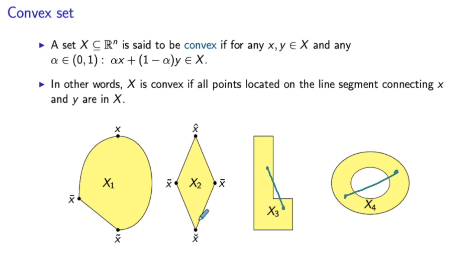Okay, so for this set we have only 4 extreme points, and you see this set is defined by lines. So this is a linearly defined set, which is the type of sets that we deal with in linear programming. This set is defined by nonlinear constraints. Therefore, this is not a type of a set that we would deal with in linear programming.